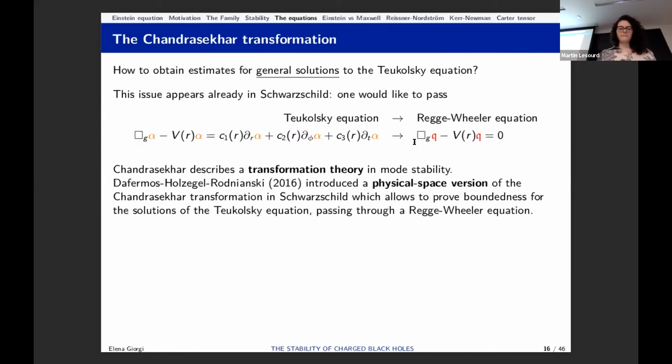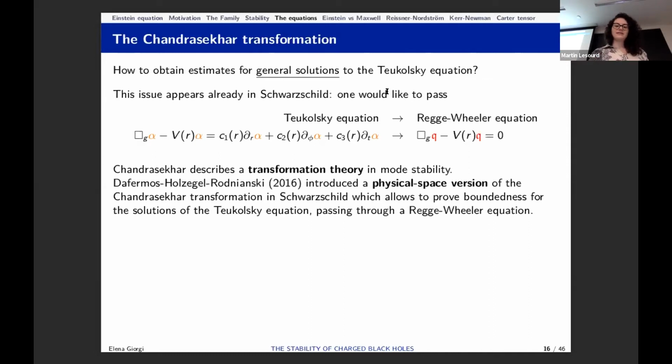This is called Regge-Wheeler because it is in fact the equation that was mentioned in Peter's talk. It's a similar equation that's satisfied by the metric components, or in the perturbations of Schwarzschild. And in fact, there is a relation here. It's sort of hidden.